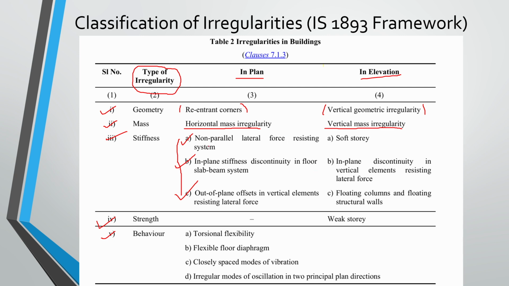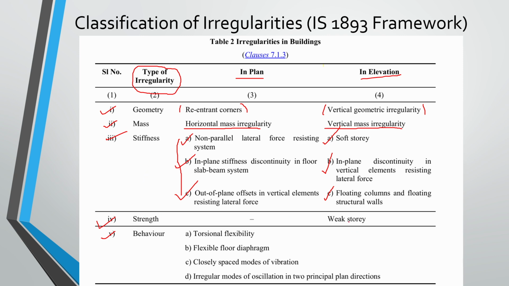So these are in plan. And for stiffness, in elevation it could be a soft story, or in-plane discontinuity in vertical elements resisting the lateral force, or it could be floating columns and floating structural walls. So it is stiffness irregularity in elevation.